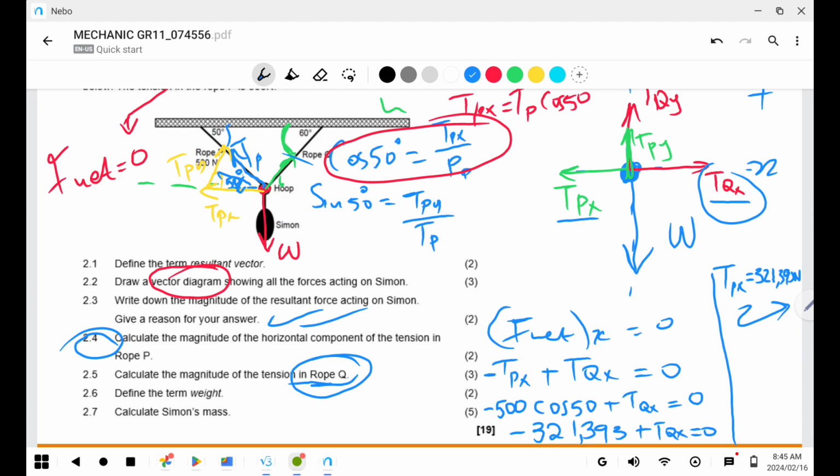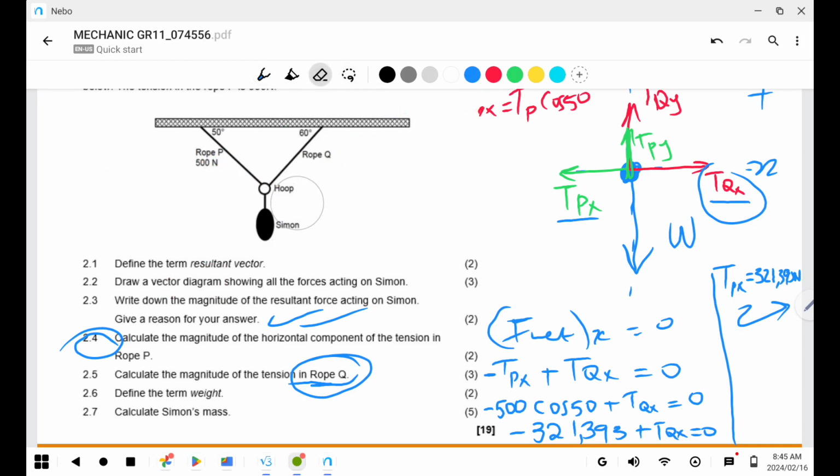Okay, so if we come back to this diagram, let me tidy this. If we come back to this diagram, we said this was the tension in Q. That is what we are looking for. And we said this was TQX as drawn on that free body diagram. And then we also have TQY.